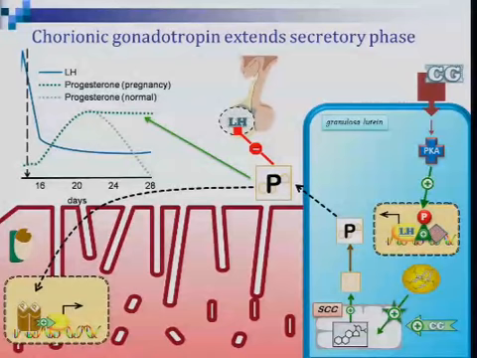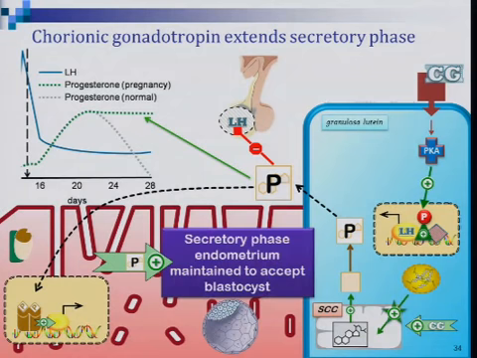Sounds easy, so I'll stick with the HCG. So again, the progesterone maintains the secretory phase endometrium and it can now accept and support the development of the blastocyst.